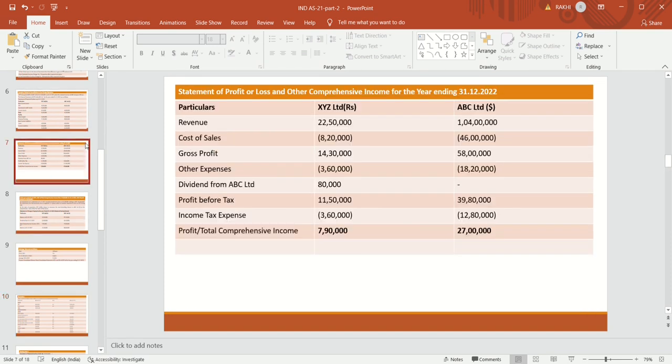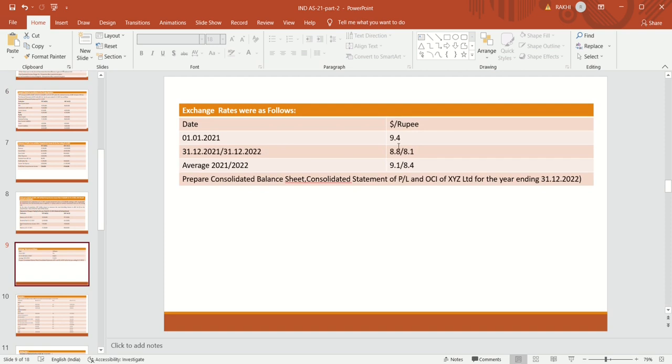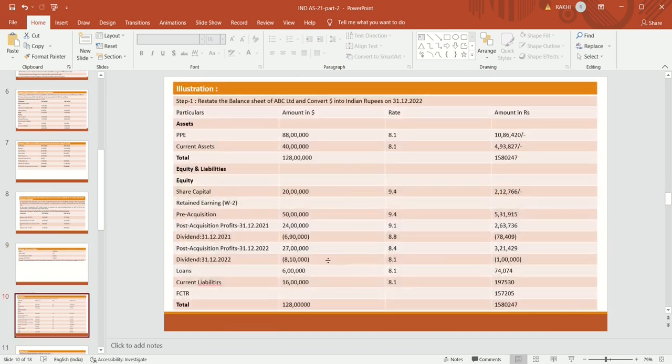The acquisition date is 1st January 2021, so we will take the rate of 1st January 2021, that is 9.4. So 20 lakhs divided by 9.4 is, in rupees, 2,12,766.